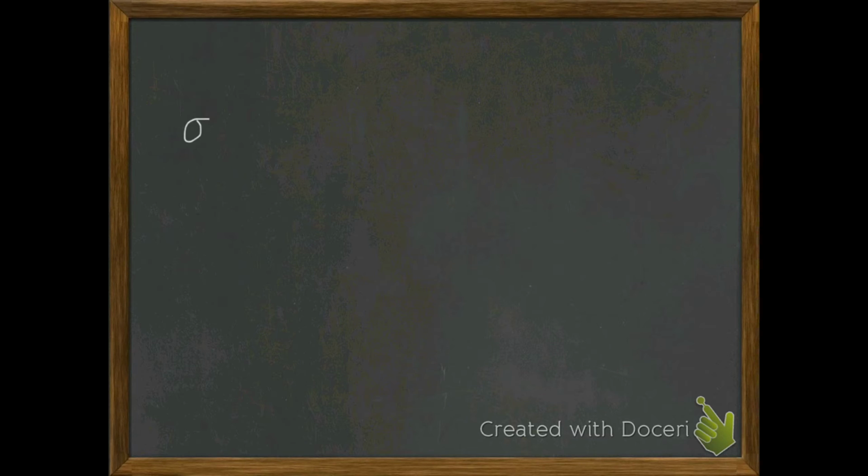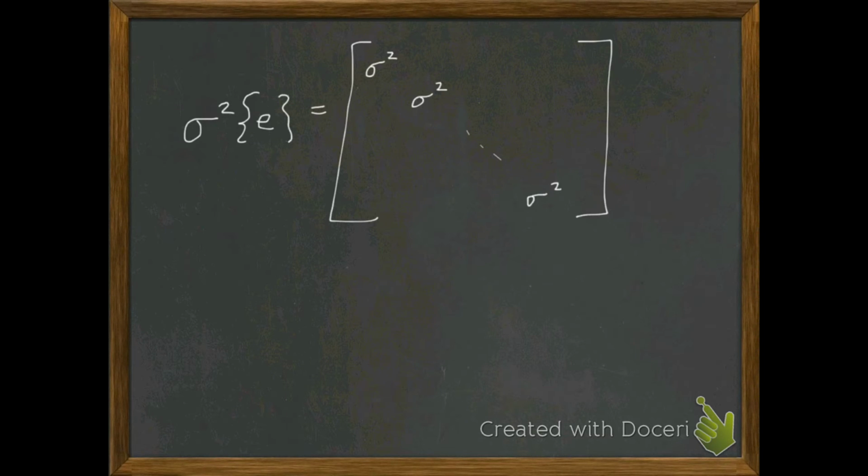But remember that this matrix is going to look like this, and ultimately it's just times the identity matrix. All right.